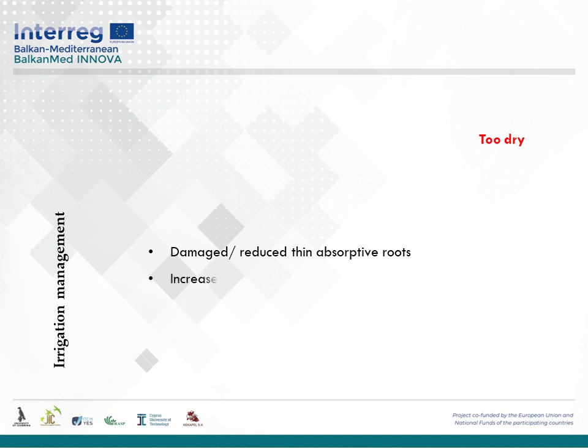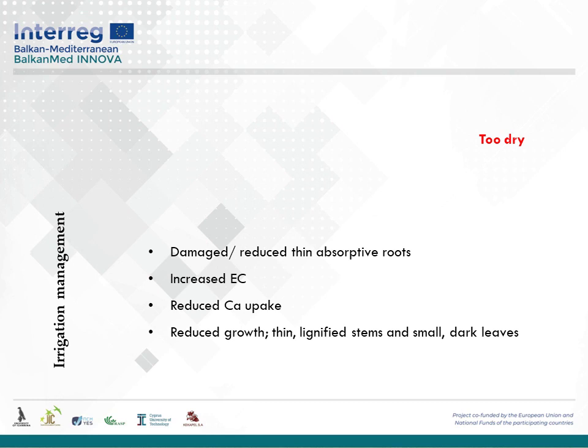The first will be a reduced number and length of the absorptive roots, which will affect the absorptive capacity of the root system and affect the entire plant growth rate.